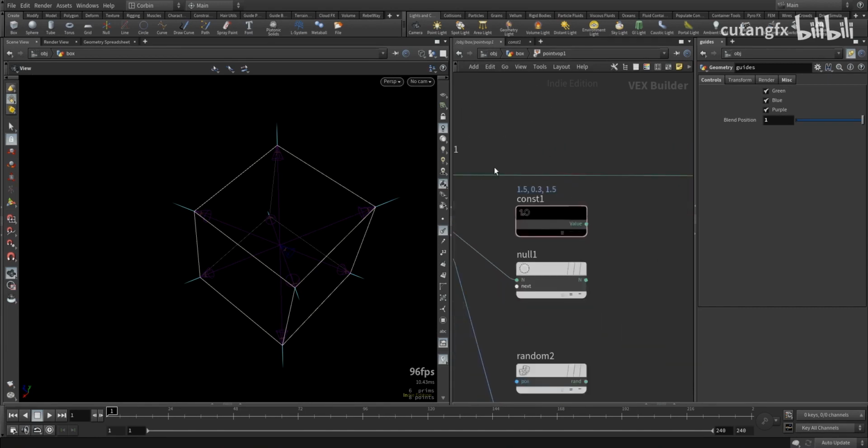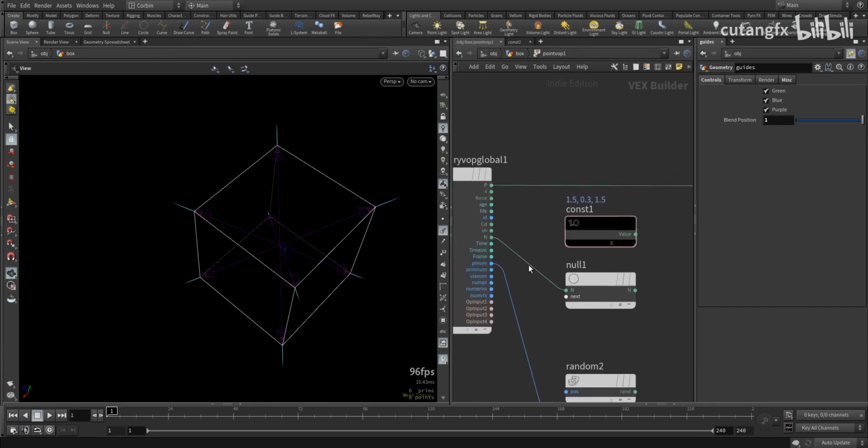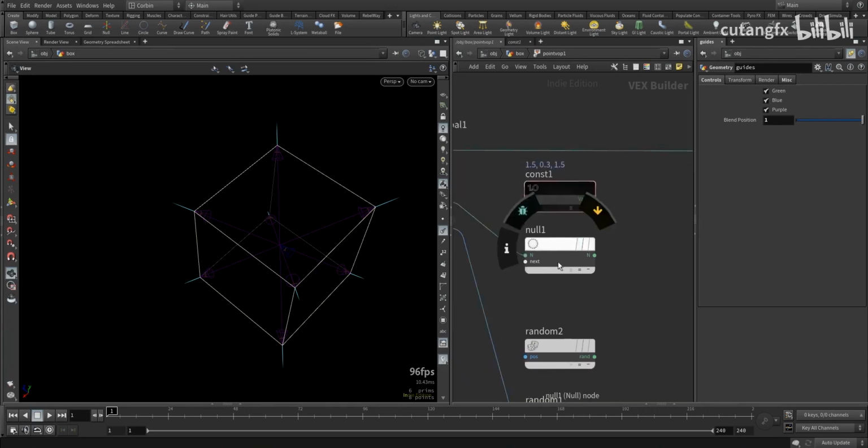But in VOPs, when we add them, because it runs over our points one at a time, it takes the matching point position and normals. In other words, the point position for this point and the normals for that same point, and it adds them together and gives us a result. So that's what I have over here.